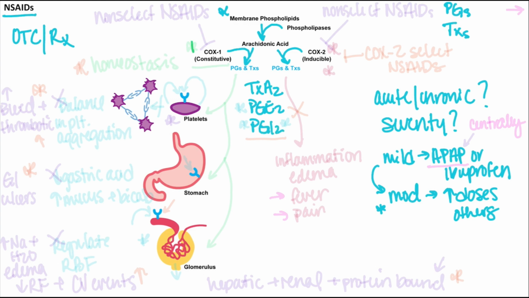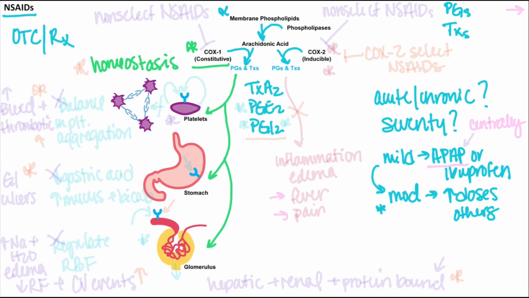Now, COX-1 enzymes are constitutively expressed in the platelets, the GI mucosal cells, renal tubular cells, as well as in other components of the vasculature. And the production of prostaglandins and downstream thromboxanes through this arm is what helps to maintain homeostasis.